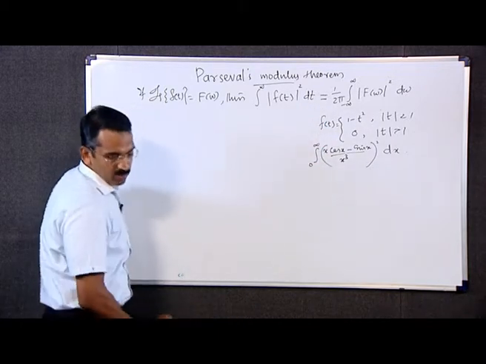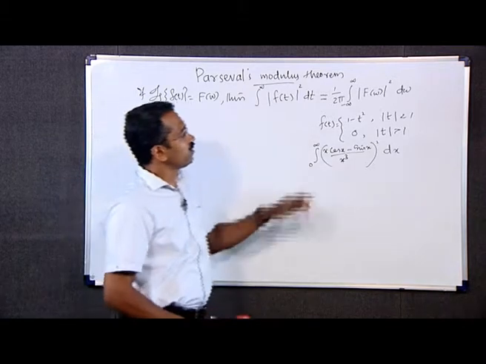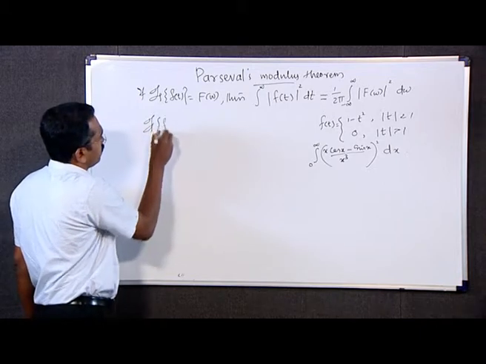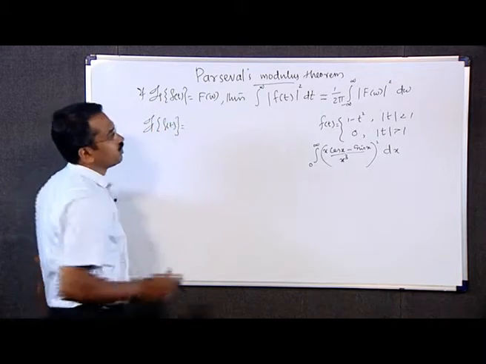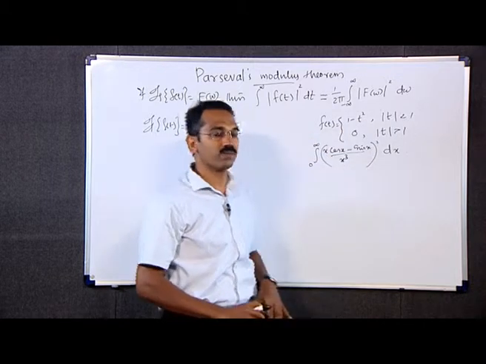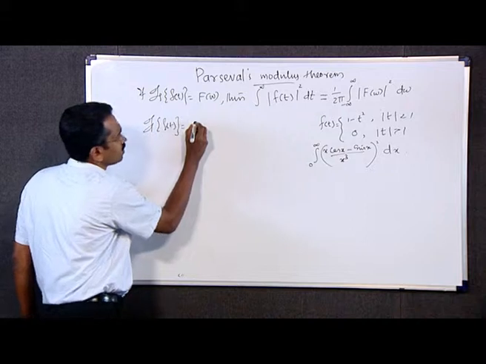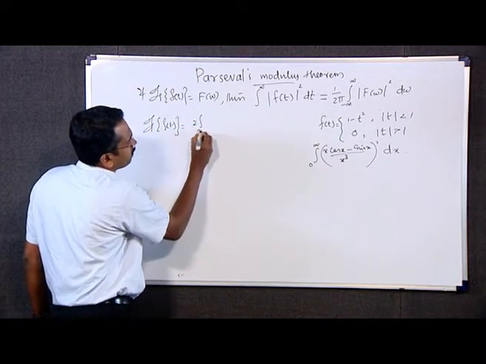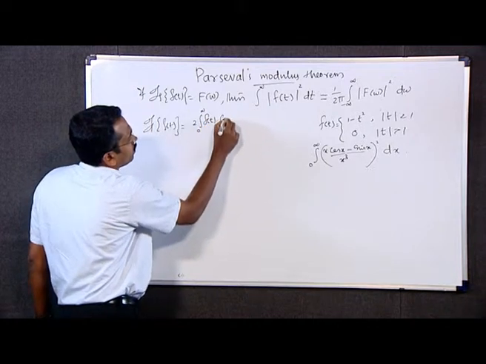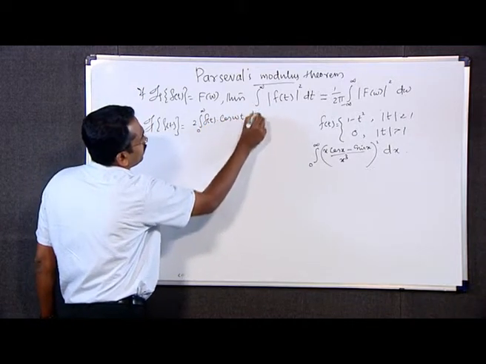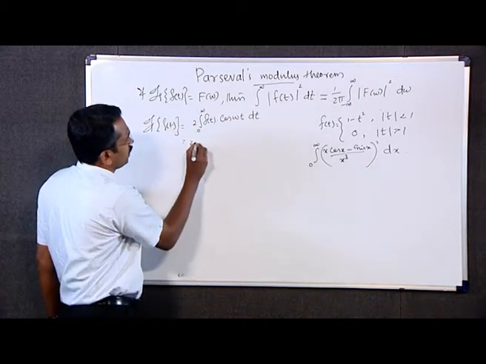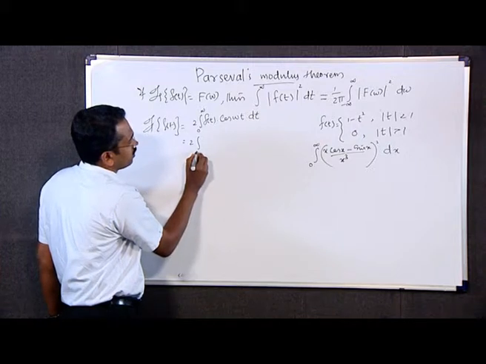By definition of Fourier transform, we can write here Fourier transform of f of t as. Note that the given function is an even function. Therefore, the Fourier transform is 2 times 0 to infinity f of t into cos ωt dt. That is 2 times integral from 0 to infinity.